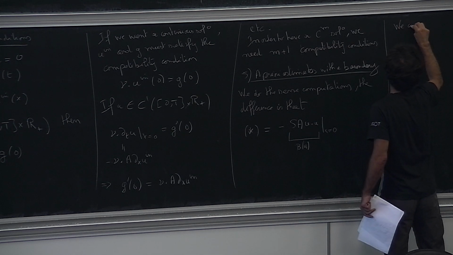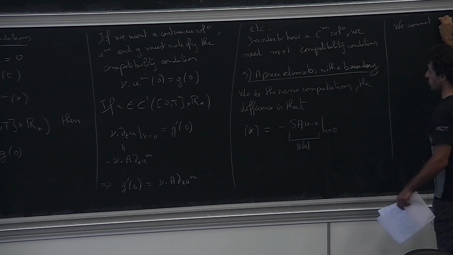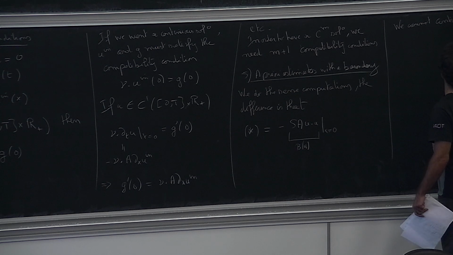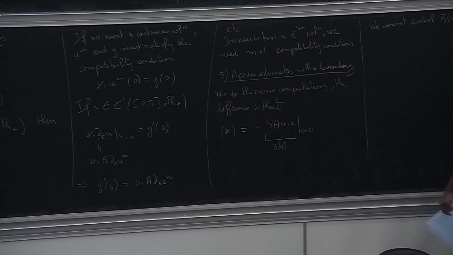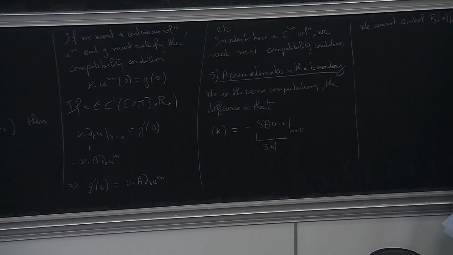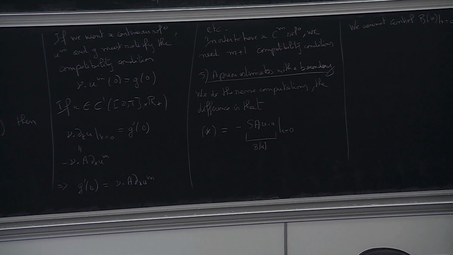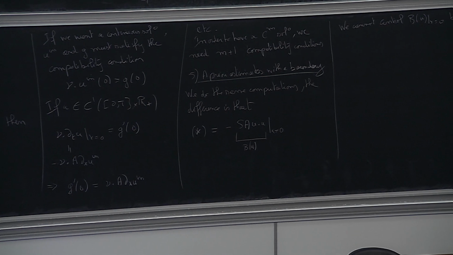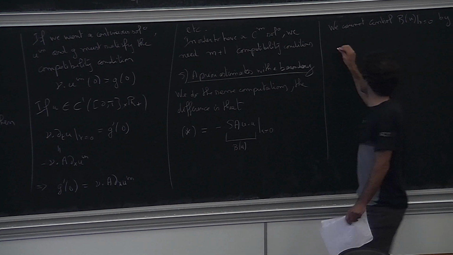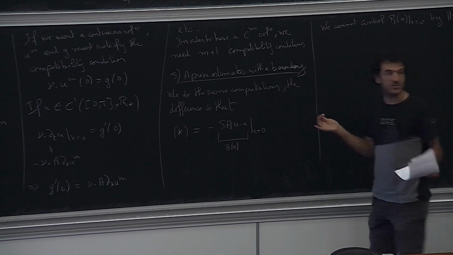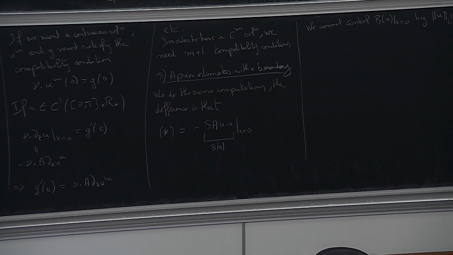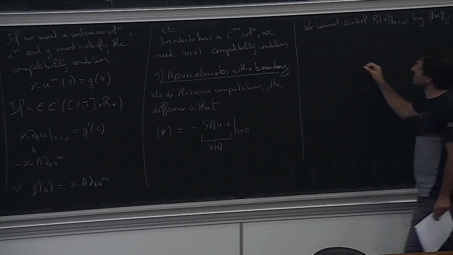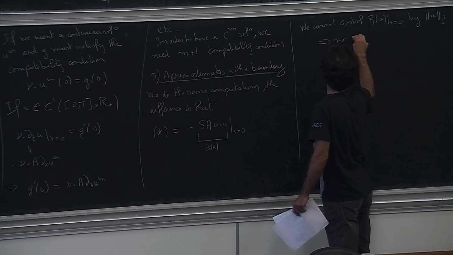We cannot control B of u at x equal to 0 by the L2 norm, because there is no trace theorem. The trace of a function in L2 in general does not exist. So no Gronwall possible here.